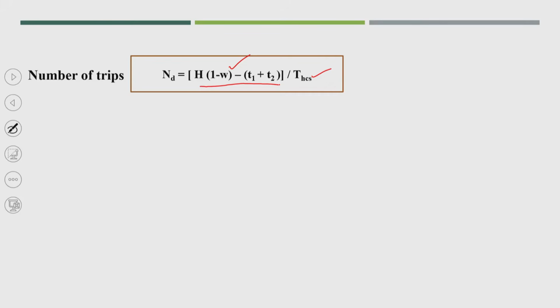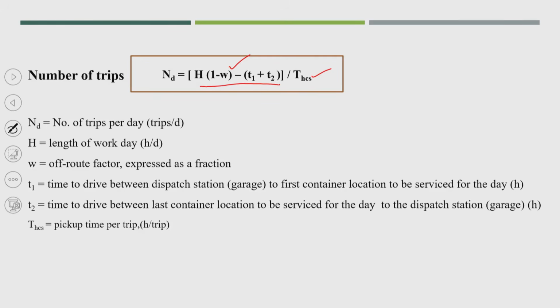We minimize that W by 15%, whatever the value of W is given; if not given we will assume 15%. We also minimize T1 and T2, where T1 and T2 are the time required to drive between the dispatch station from the garage to the first container, that is T1, and T2 is the time to drive from the last container location to the dispatch station finally.